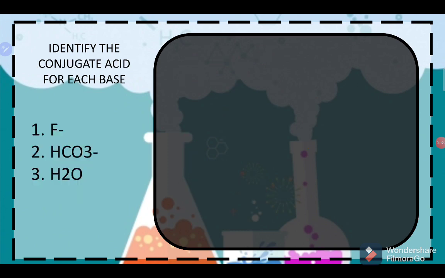Identify the conjugate acid for each base. So all of these given are bases. Now, they are the ones that are going to accept the hydrogen ion given off by an acid. So for number 1, what will be its conjugate acid? If F negative accepts a hydrogen ion, it will become HF.